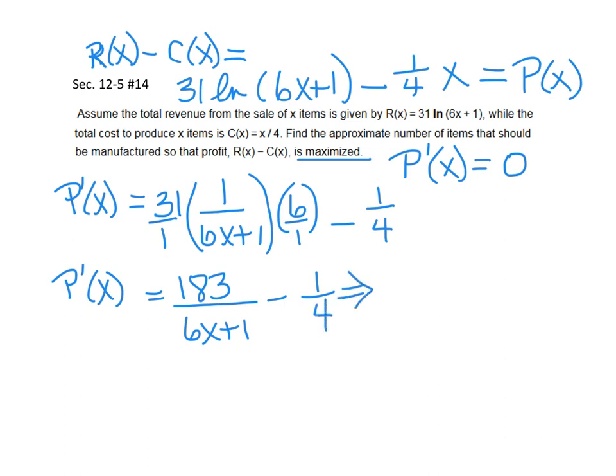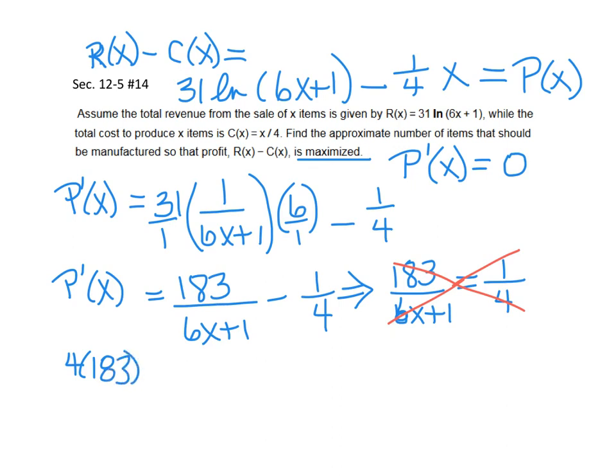And if that is equal to 0, that means that 183 over 6x plus 1 must be equal to 1 over 4. So if we cross multiply, four times 183 is equal to 6x plus 1 times 1, which is simply 6x plus 1.